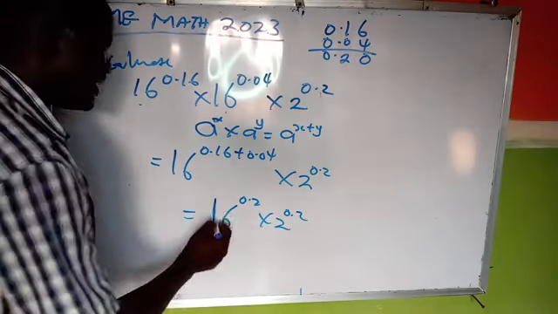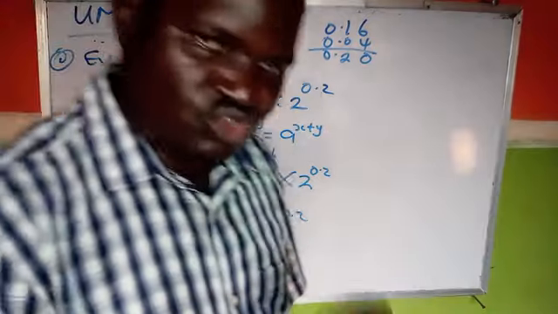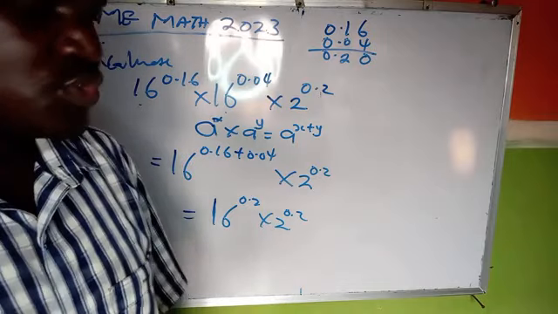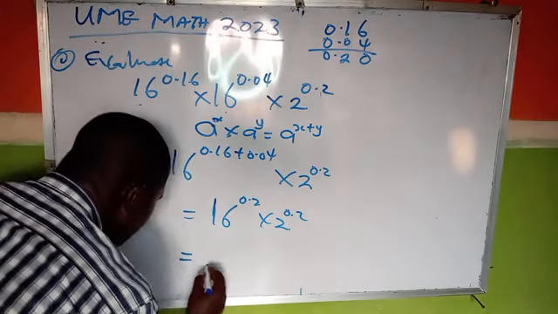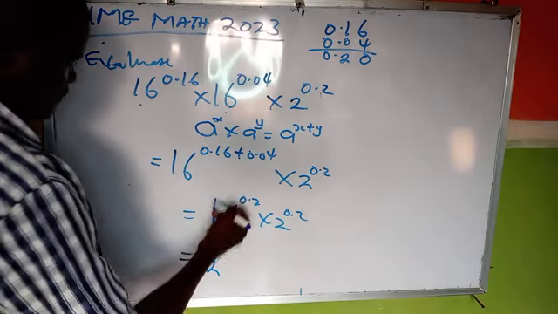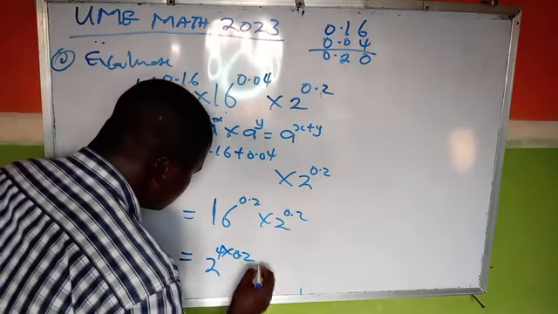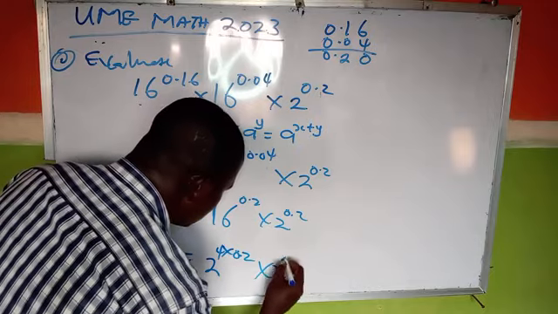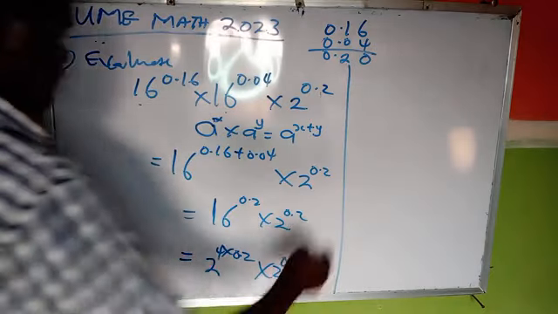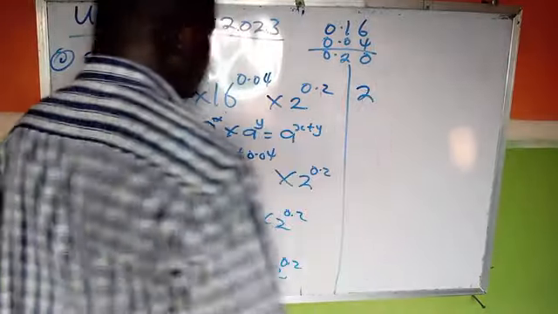Then a number raised to a power, 2 raised to some number, will give you 16. That is 2 raised to power 4. So you have it like this: 2 raised to power 4, then that is raised to power 0.2, times 2 raised to power 2. Then here you will have 2.